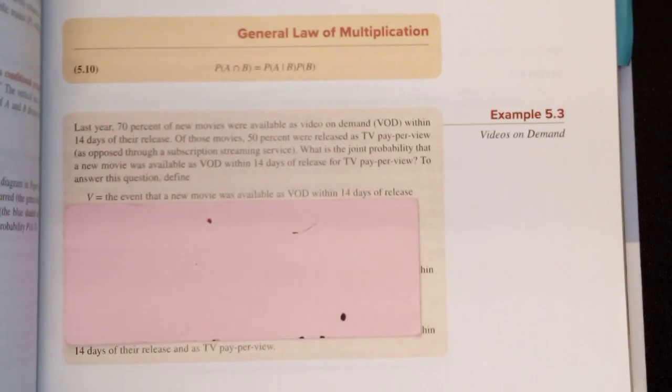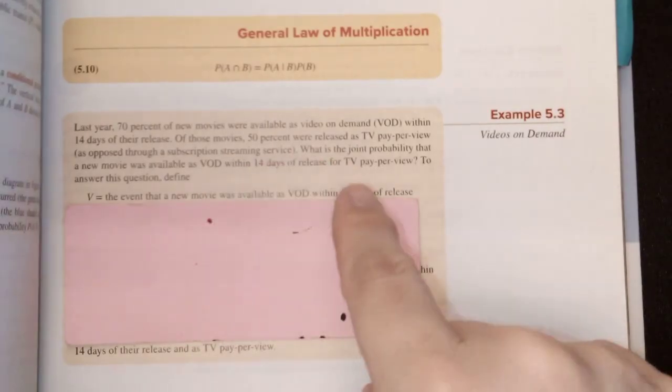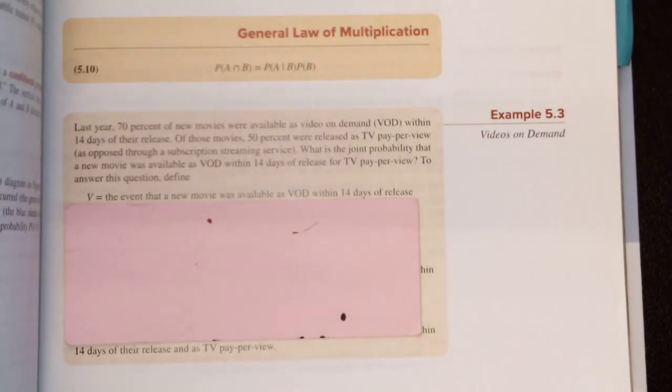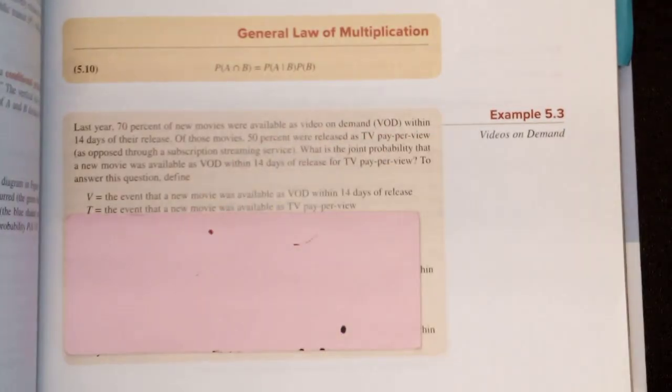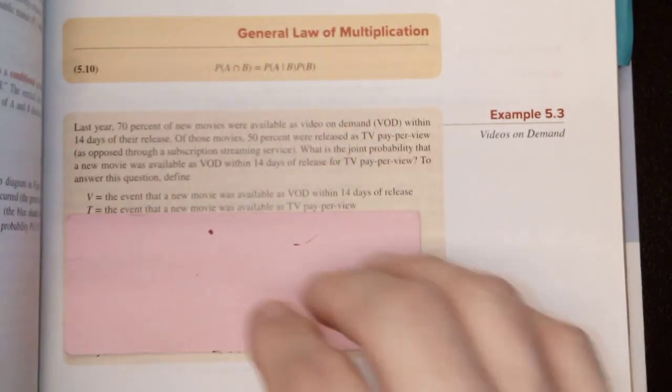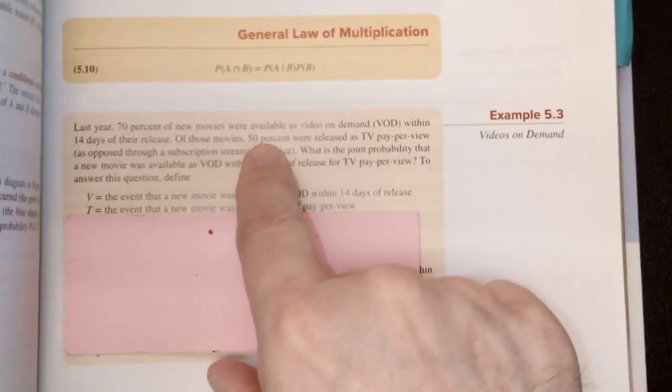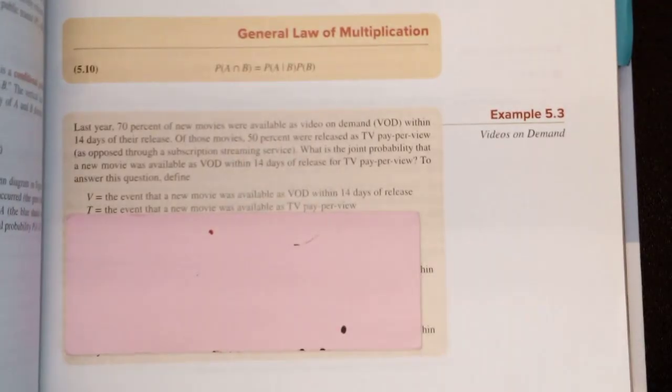Given that my thing is already video on demand, what's the chance that it's TV pay-per-view? I'll call that T. Now I have 50% is the probability of what? It's the probability of T given V.